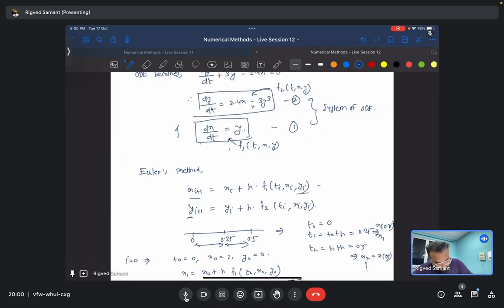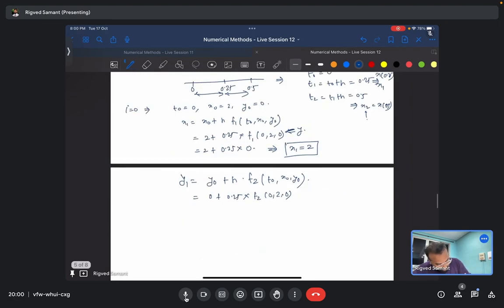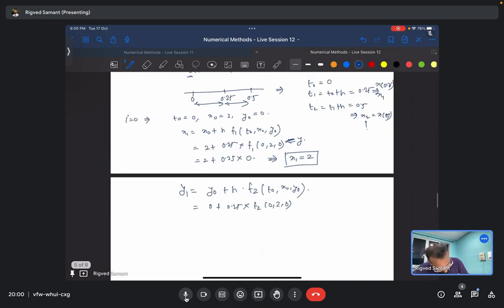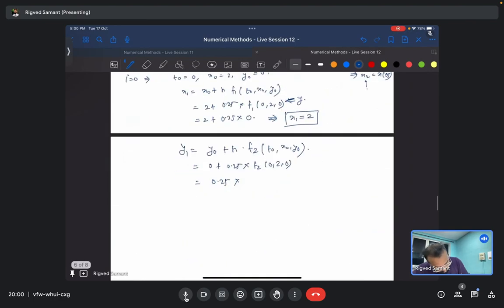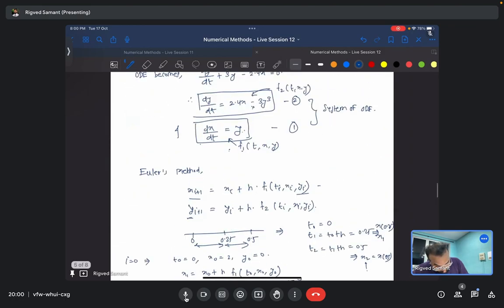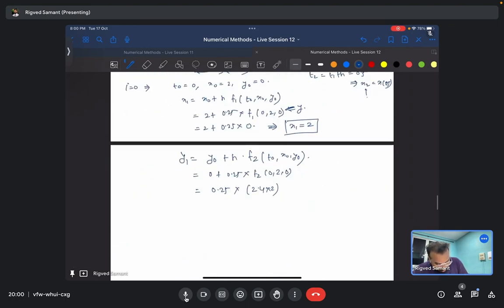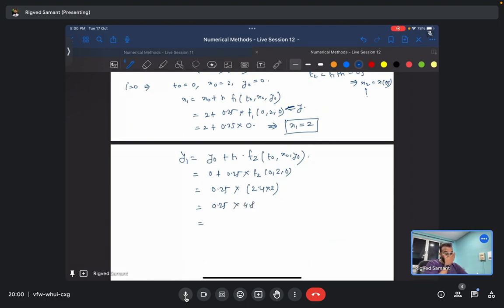In that put x equal to x0 and y equal to y0, so x is 2 and y is 0. So 0.25 into 2.4 into x, 2.4 into 2, minus 3 into 0 cubed, so I will not write that. So 0.25 into 4.8, so 4.8 divided by 4, it is 1.2.